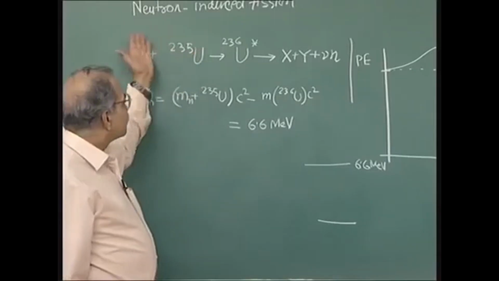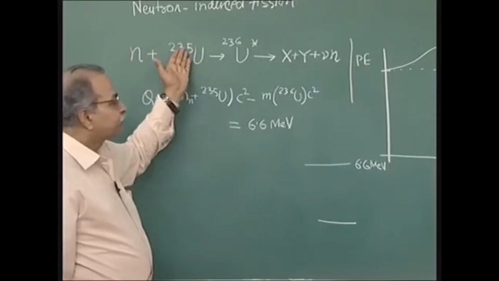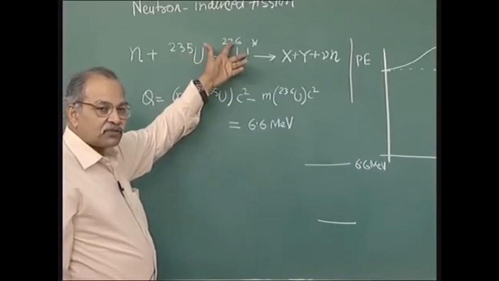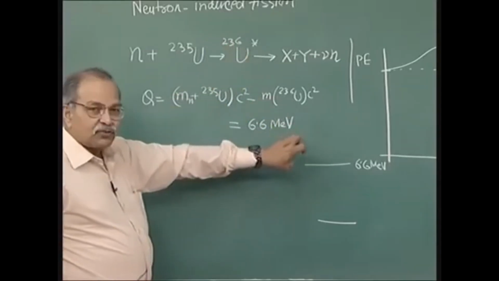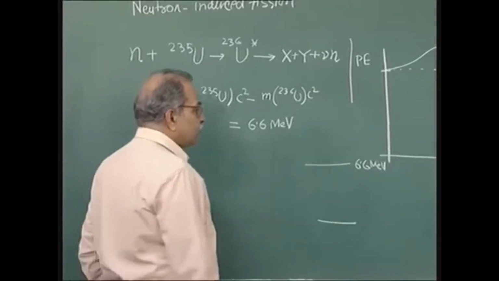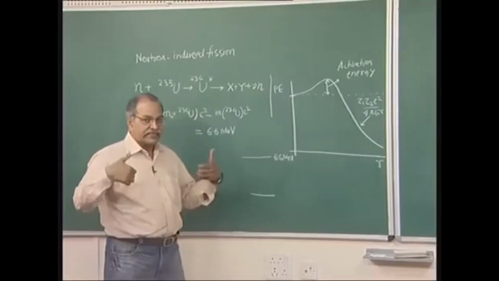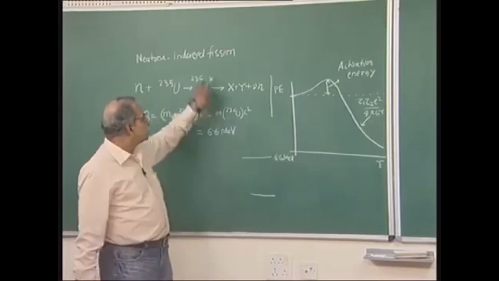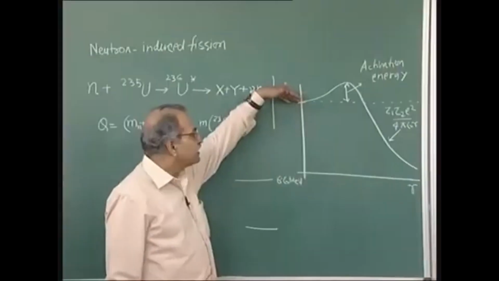So, the total linear momentum here is 0 or almost 0, and therefore the product will also have linear momentum 0, and linear momentum 0 means kinetic energy 0. So, all this energy goes into internal excitation and the nucleus is created in an excited state. The ground state of uranium-236 is here, but it is formed in an excited state, 6.6 MeV above its ground state.